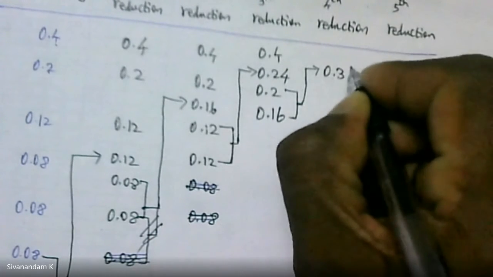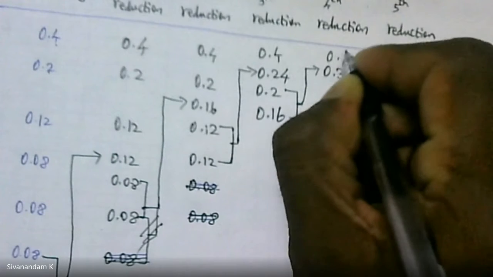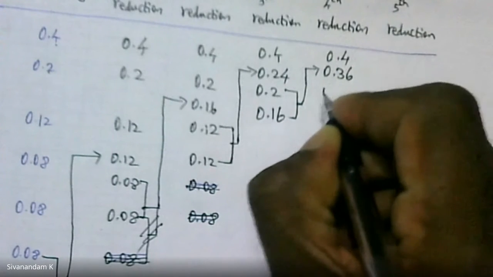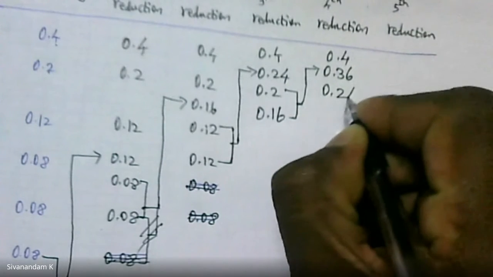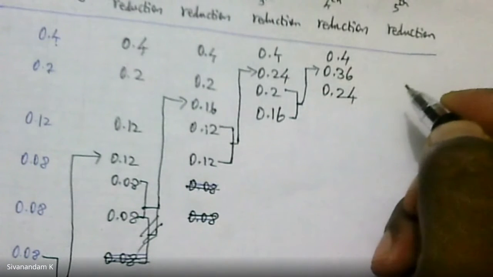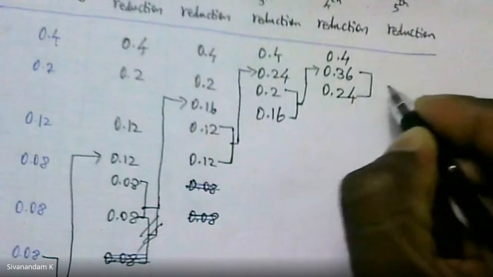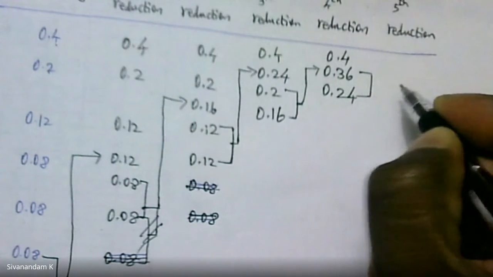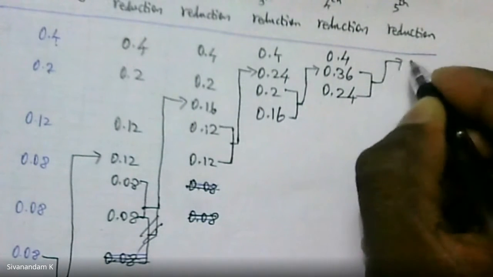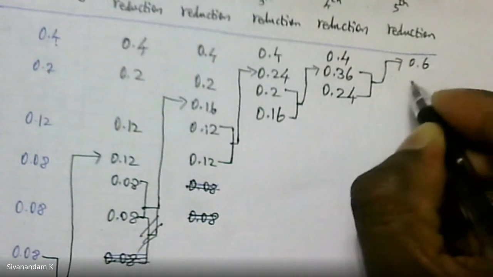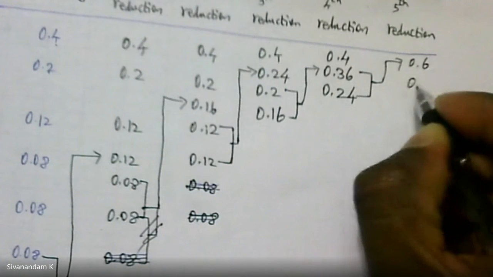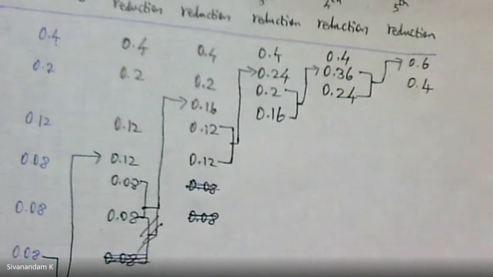So 0.36, 0.4, then 0.24. Then again add 0.36 and 0.24, which gives 0.6. Then the remaining one is 0.4.